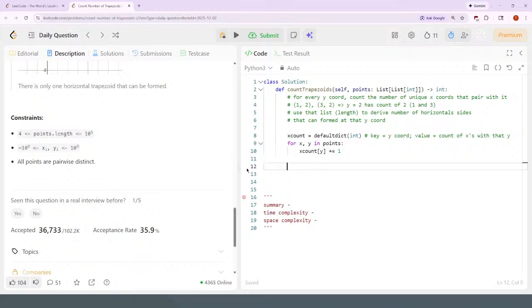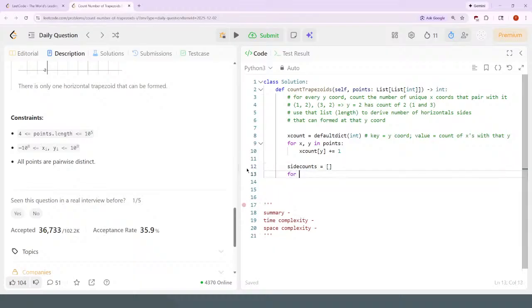Side counts is going to be a list, for every y coordinate in the x count dictionary.